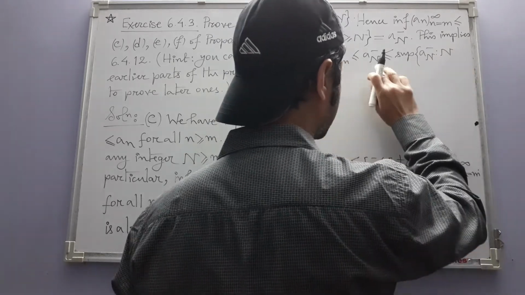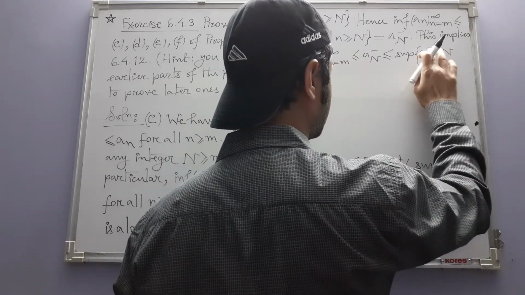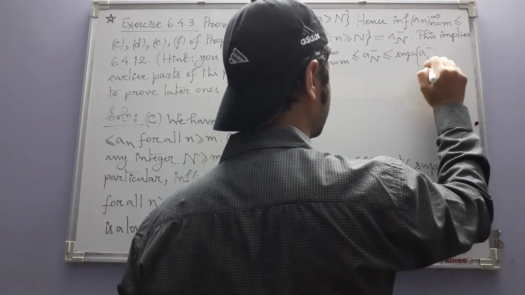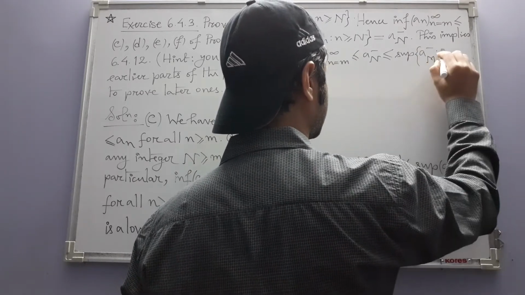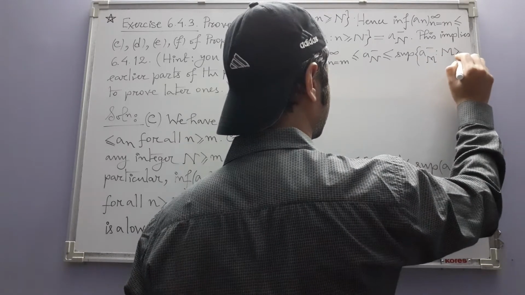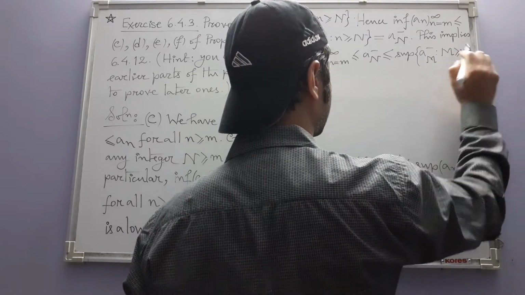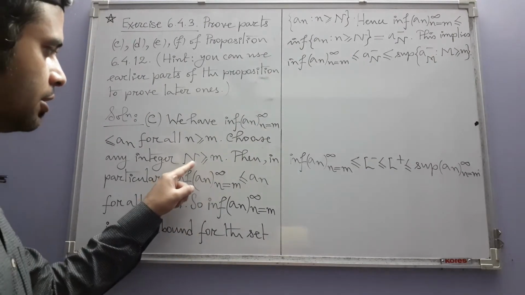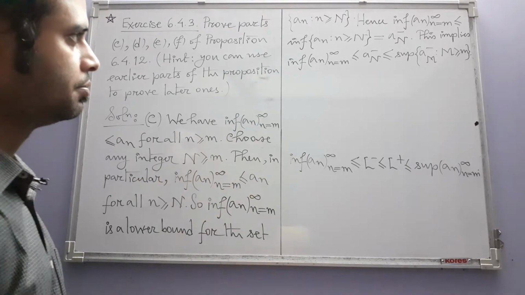Or to distinguish this n from the varying index here, let's call it m. This n is any chosen integer greater than or equal to m.